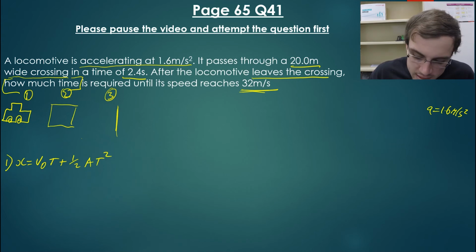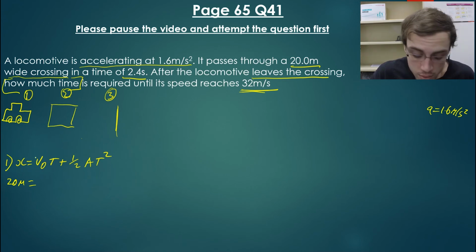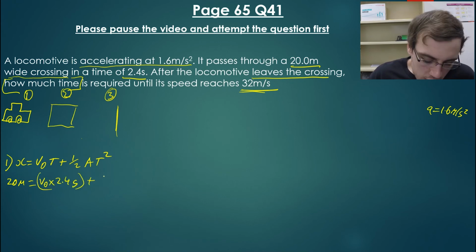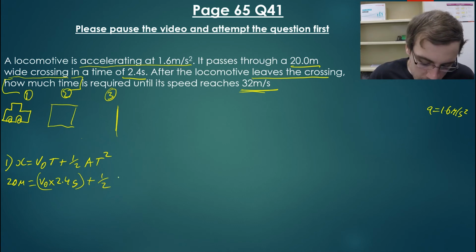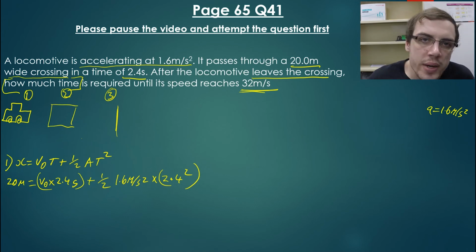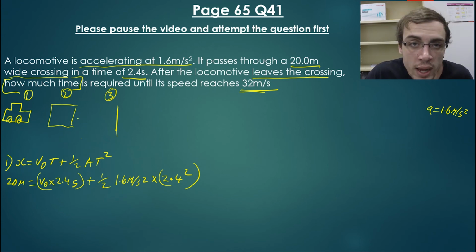So 20 meters is equal to v0, the initial velocity, which we don't know, times the time of 2.4 seconds, plus 1/2 times the acceleration of 1.6 meters per second squared, times 2.4 squared. We're using the information about when the car was in the crossing to find out what happened before the crossing.